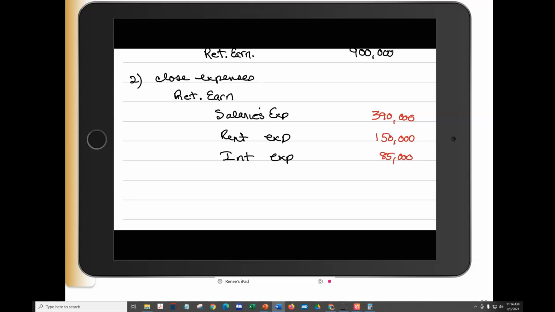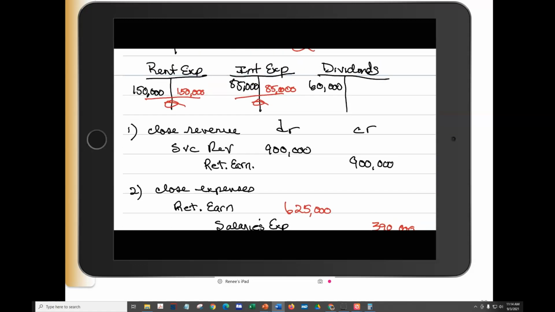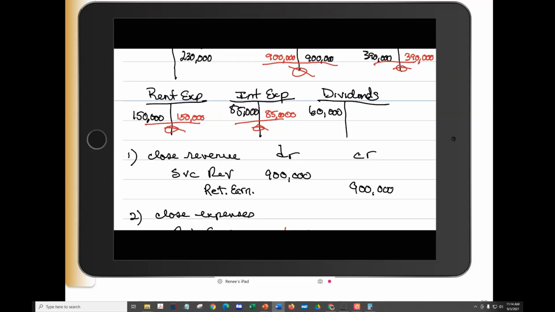How much will I debit to retained earnings? The total of those, $625,000. Okay? Third step. Close dividends. My dividend account has $60,000 debit in it.